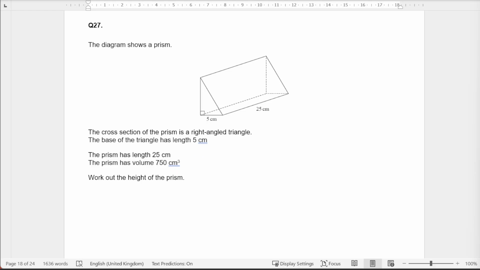Okay, so I'm going to work out the cross-section first of all. We know that the volume is equal to the area of the cross-section times by the length. So 750 is going to be equal to the area of the cross-section times by 25. Divide both sides by 25, that gives me 30 is equal to the area of the cross-section.